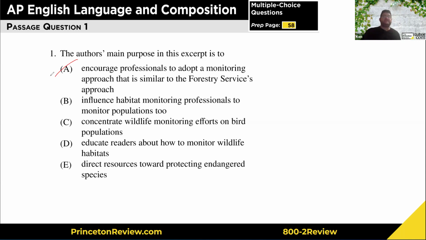B, influence habitat monitoring professionals to monitor populations too. They actually do talk about populations, so we'll keep that. C, concentrate wildlife monitoring efforts on bird populations. We read a bunch of stuff, and this was more about monitoring in general and not birds.